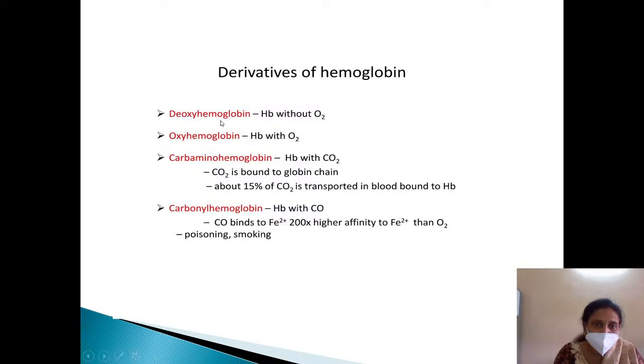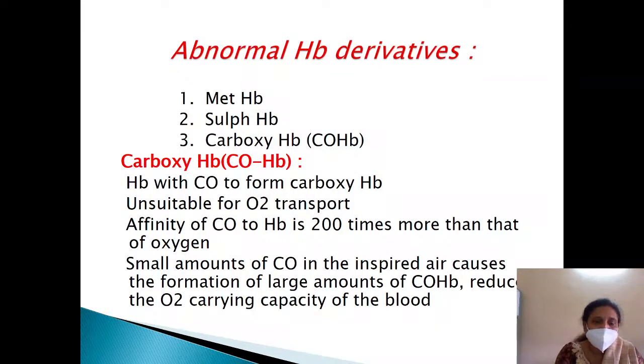The affinity of hemoglobin for carbon dioxide is 20 times more than for oxygen. Now coming to the abnormal hemoglobin derivatives: methemoglobin, sulfhemoglobin, and carboxyhemoglobin.